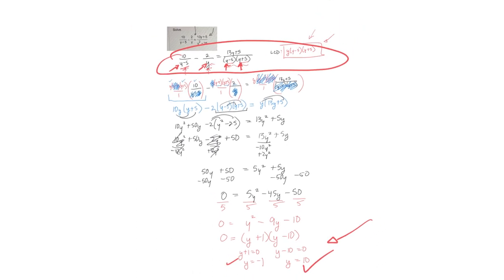So if I plug a negative 1 in here, or there, or there, or there, I can't get a 0. And I don't. So I would say negative 1 is an answer. And then by plugging in a 10, you don't get 0 either. And so I would say both those answers would be correct.